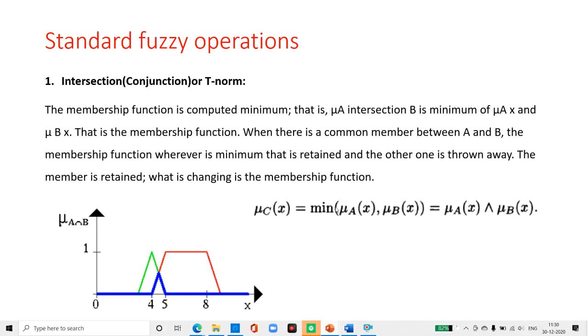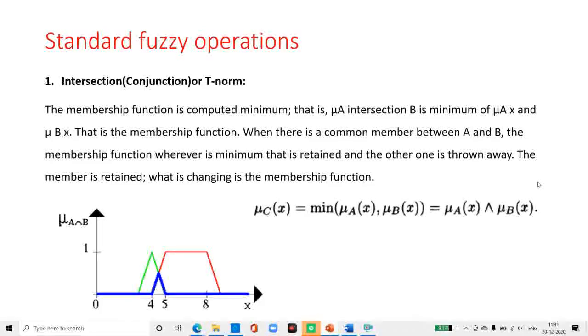We find the minimum of the membership function of A and the membership function of B. So mu of A intersection B is the minimum of mu of A of x and mu of B of x.